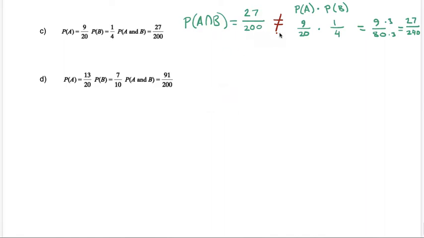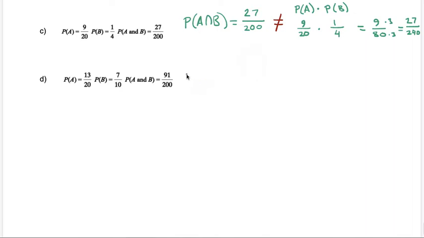They're not independent. If you can find the probability of B given A, then you can figure that out too. But right now we're just looking at the probability of A times the probability of B, and if they are equal, we know that they're independent events.